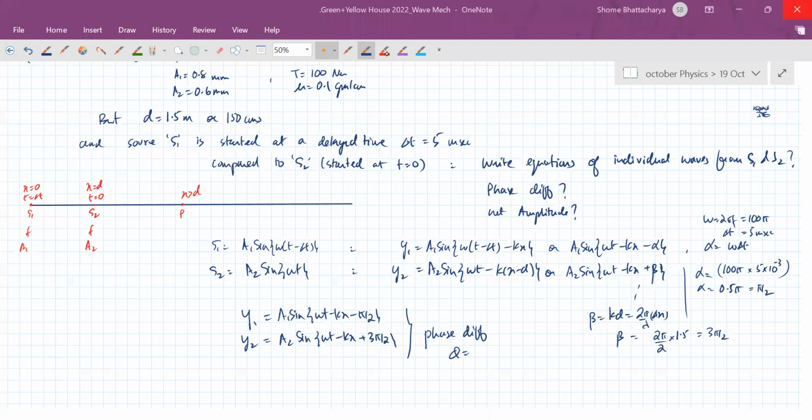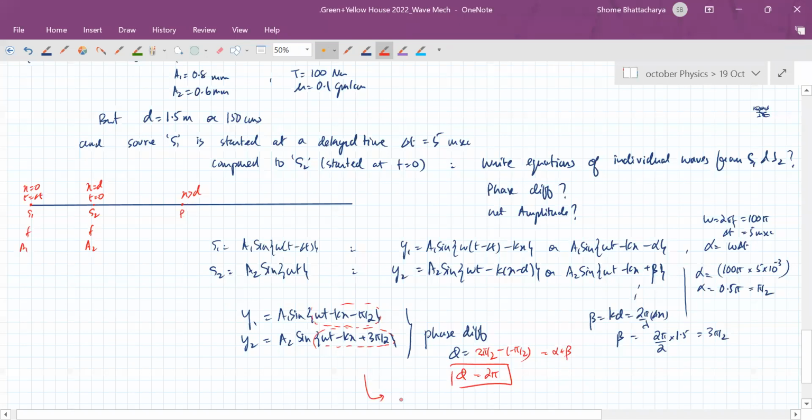It's the difference of these two terms, no? This whole term minus this whole term, that is the phase difference. So the phase difference is actually 3 pi by 2 minus of minus pi by 2. In other words, it's becoming alpha plus beta. So it's 2 pi. So interestingly, this will result in constructive interference.